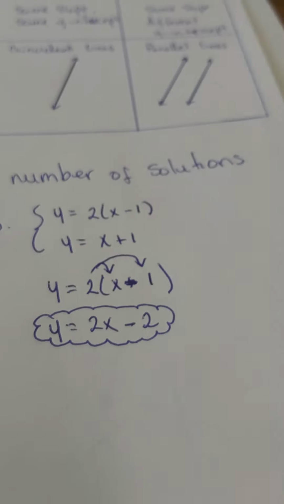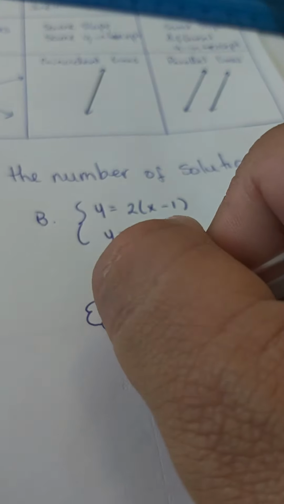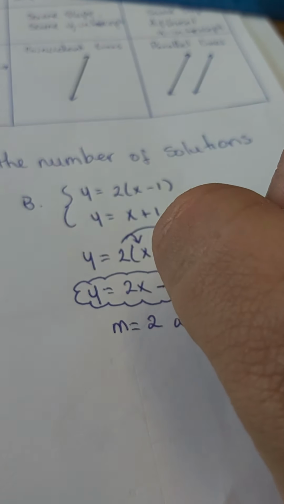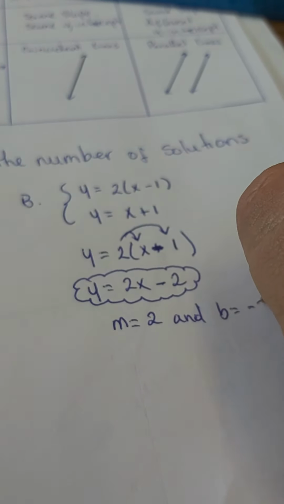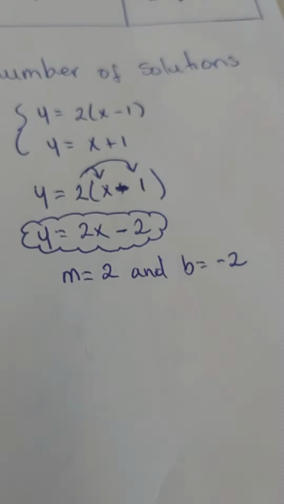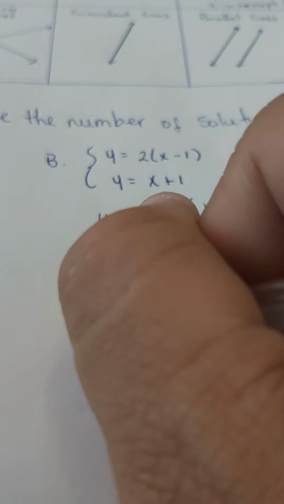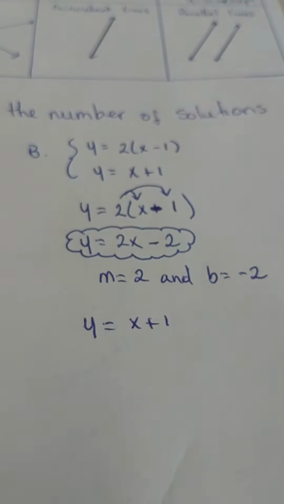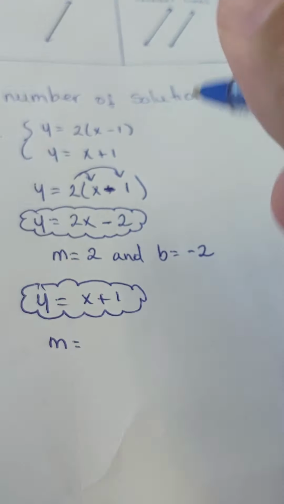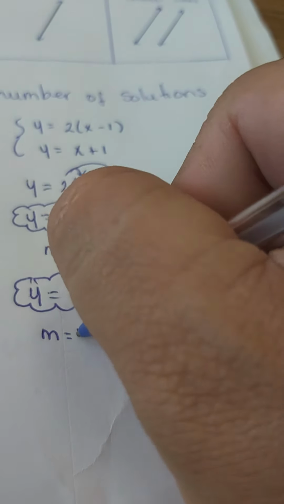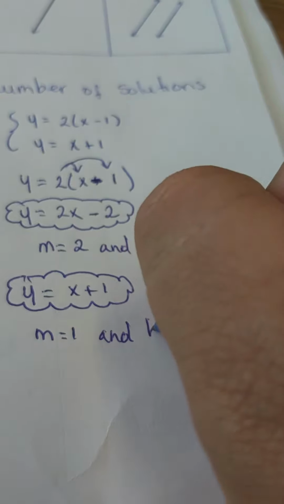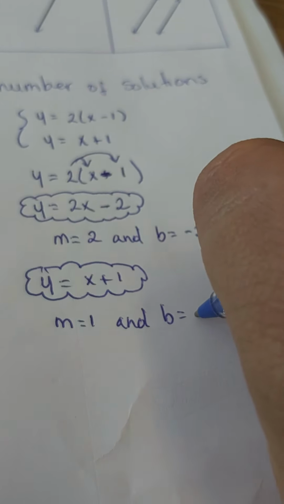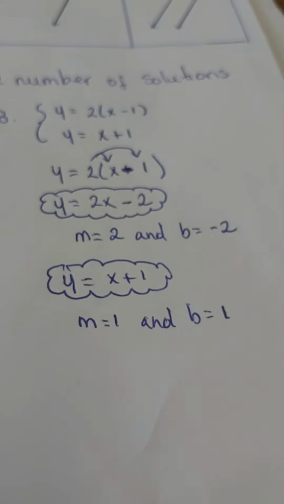Now we have it in slope-intercept form, y equals mx plus b. That means m equals 2 and b equals negative 2. The second equation, y equals x plus 1. It is already in slope-intercept form. We don't have to do anything. So we know that m equals, how many x's we have here? 1. And b equals positive 1.